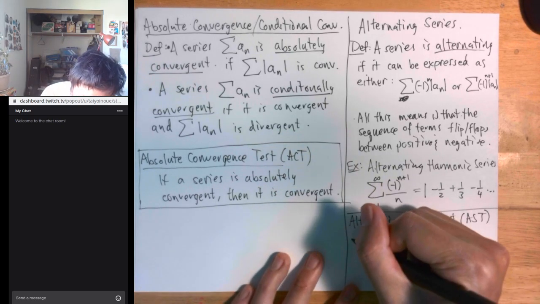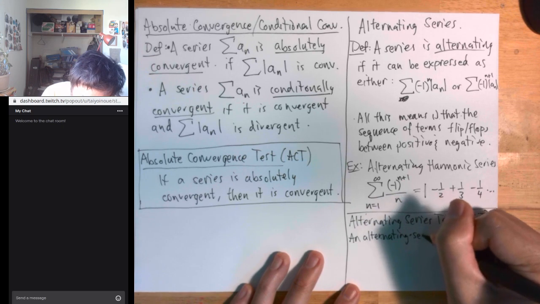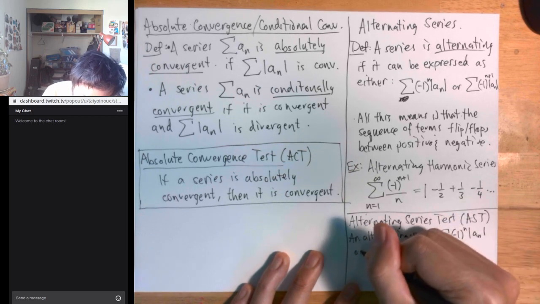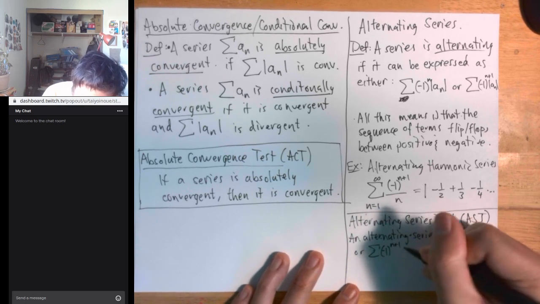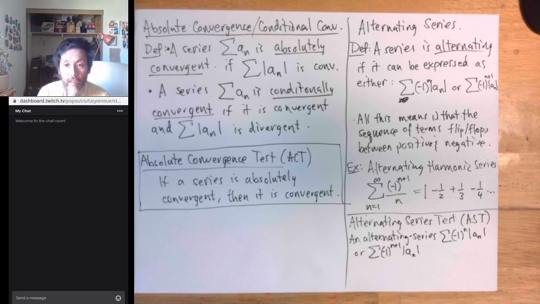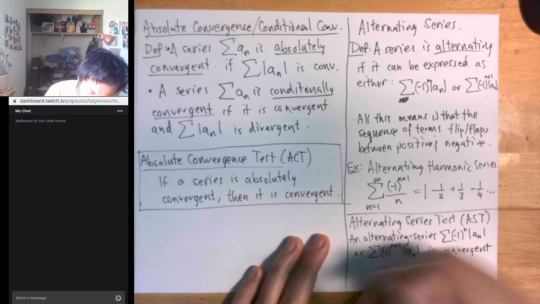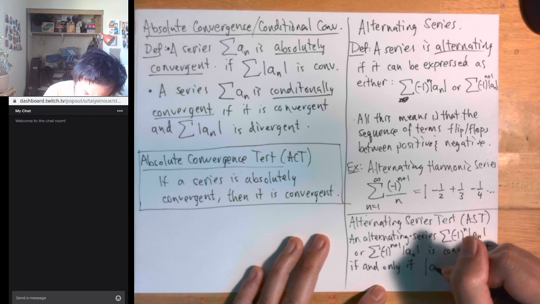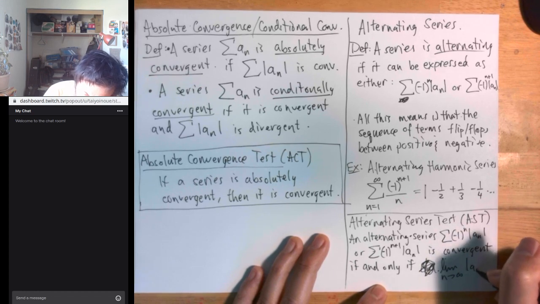It says that an alternating series, which is either, remember, negative 1 to the n times the absolute value of a sub n, or the absolute value of negative 1, sorry, the sum of... So an alternating series is either of that form or of that form, is convergent if and only if the limit as n approaches infinity of the absolute value of a sub n is equal to 0.